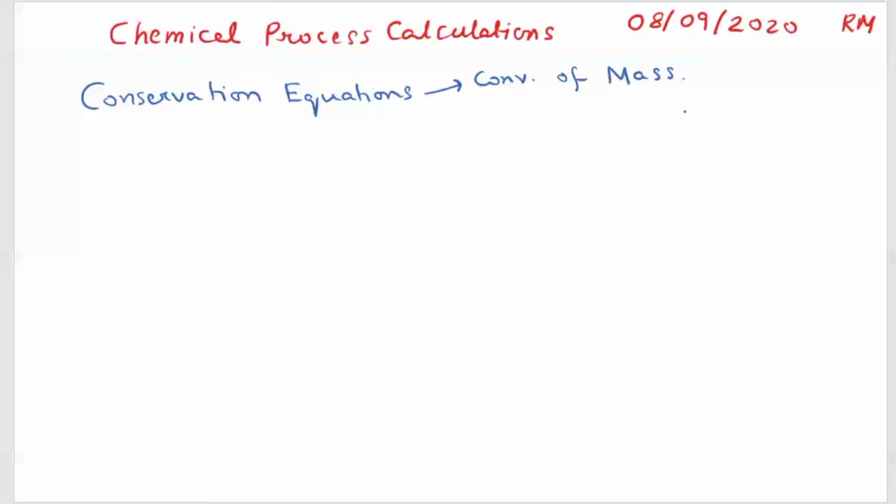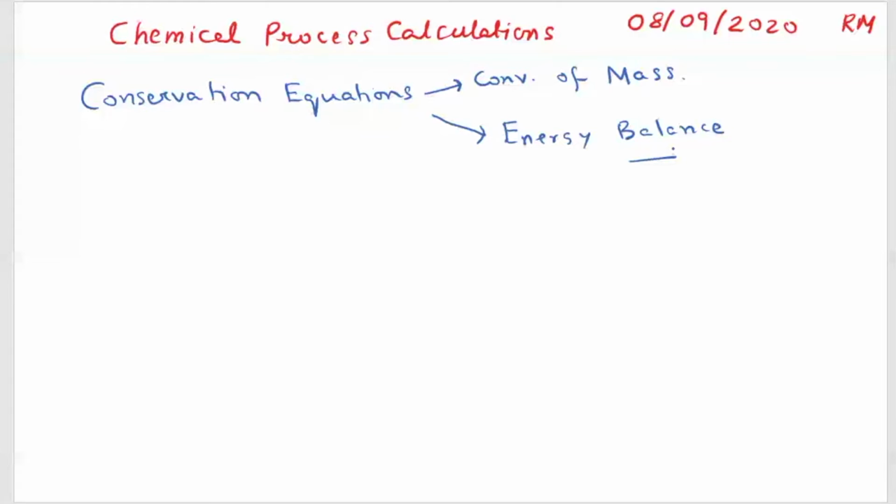Then Professor Otto will slowly teach you what is material balance, component balance, etc. Charge is not very important for us. And of course, we also know about the energy balance.